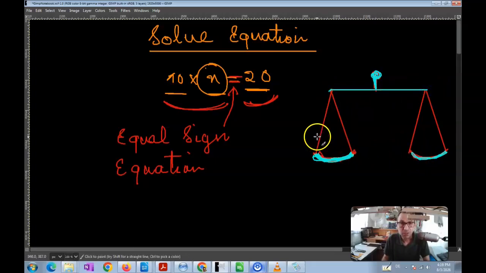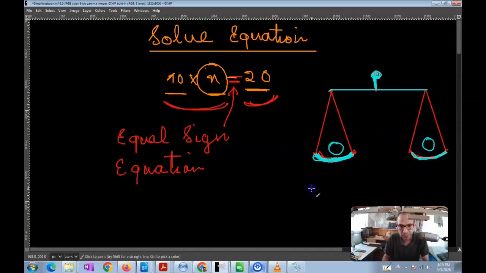Then you can use this balance to weigh different kinds of things, meaning you put something on this ball and another thing on this ball, and then you can check whether the masses of these two objects are exactly the same.